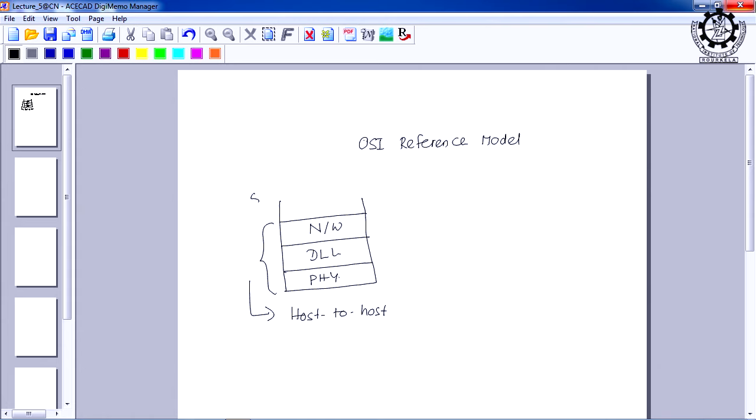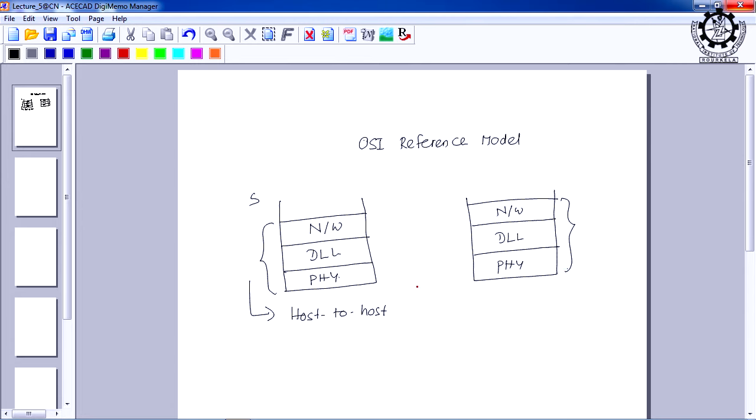If this is the sender side, you have the corresponding layers at the receiver side: the physical layer, the DLL, the data link layer and the network layer. This also we say is the host to host communication.